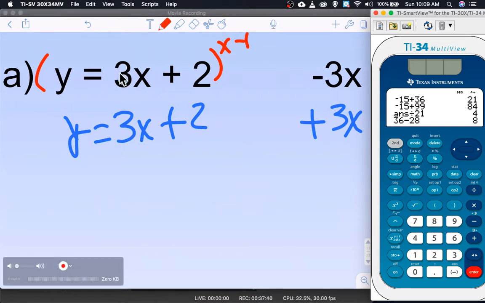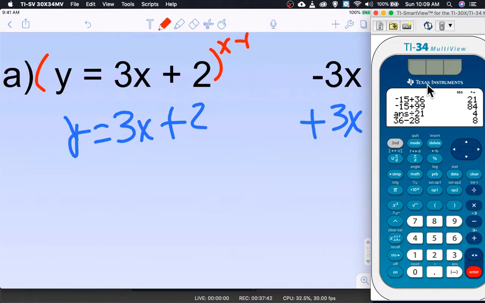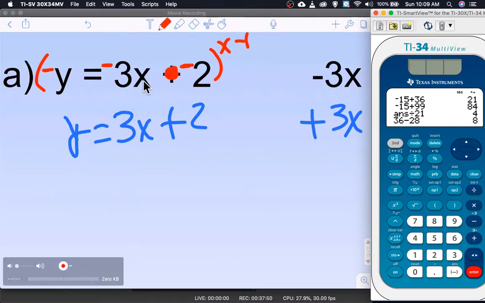Now, little shortcut for you. I haven't shown this yet. You can just change the sign. If all you're doing is multiplying by -1, just change your signs right there in the equation. It'll save you a little bit of time. Now, if I eliminate, my x's will eliminate. A negative 3x and a positive 3x is 0x.